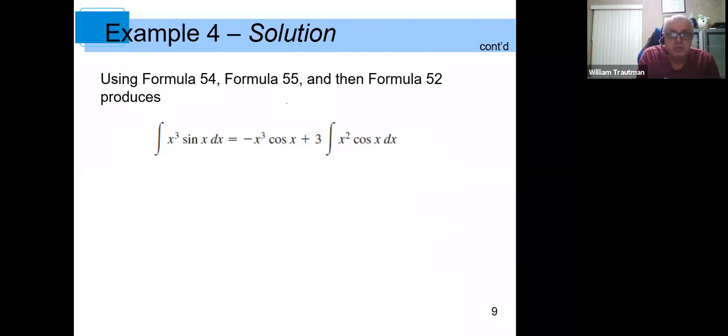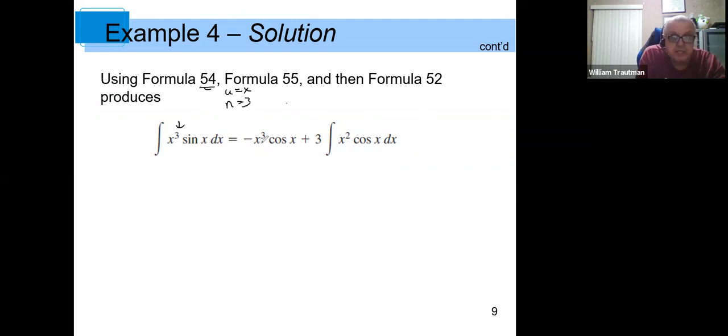Sure enough, if you look at formula 54, break out your formula sheet. The formula says negative u^n. Oh, by the way, we already said u is x, and in this case n equals 3.